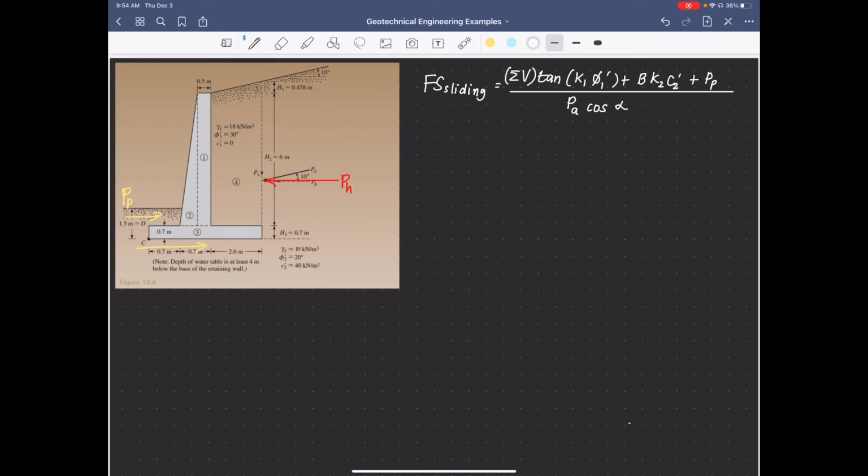Okay, from this equation, we can calculate P sub B. We have the summation of the vertical forces as previously calculated. We have the angle of friction here, which is 20. We have C sub 2, or the cohesion, which is 40. We have the base, given to be 4 meters.